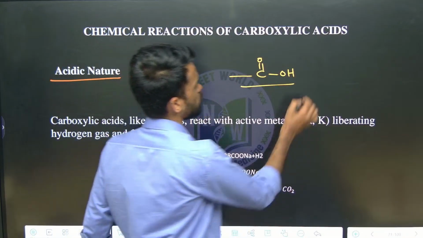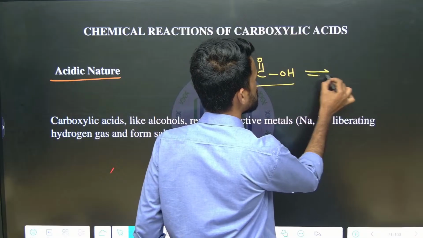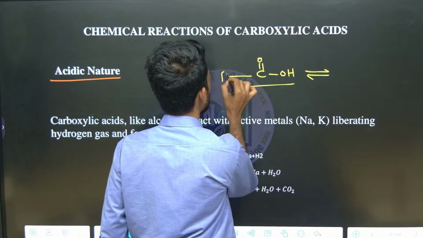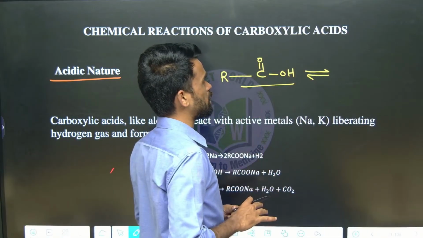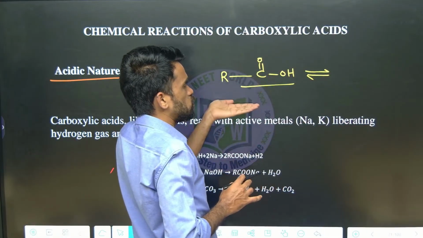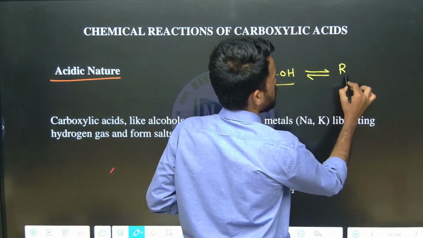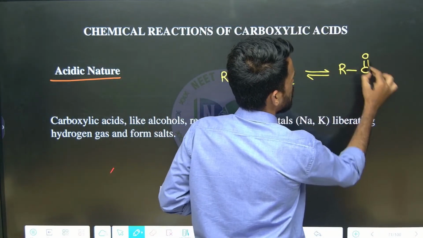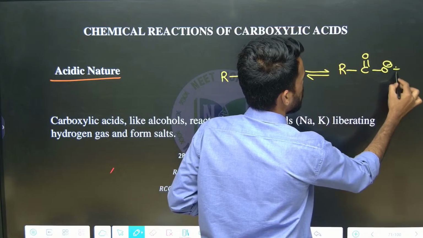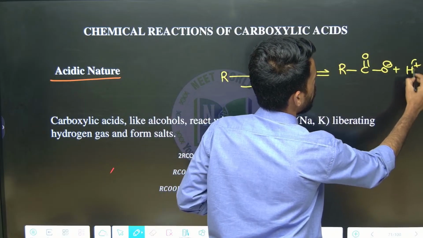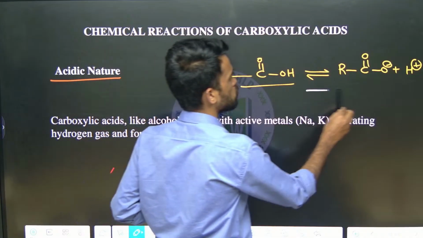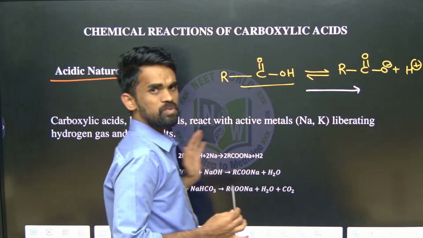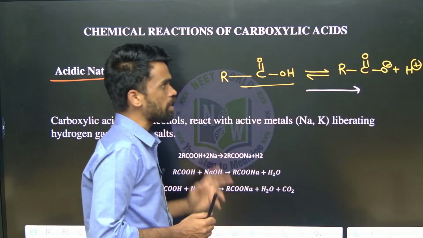Now since these are weakly acidic, there exists a reversible condition, an equilibrium state at a particular temperature, between the undissociated molecule and the dissociated ion. That is, after releasing an H plus ion, we get a carboxylate ion, right? If this acid is more acidic, the equilibrium shifts more towards the forward direction.